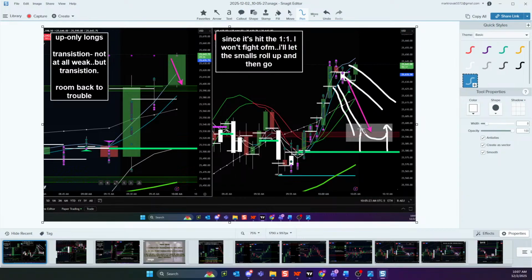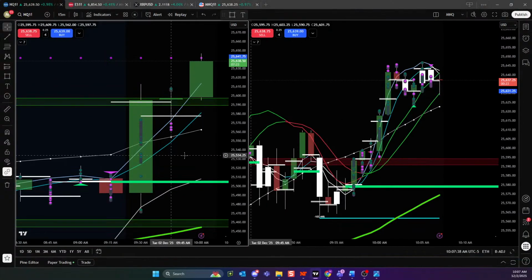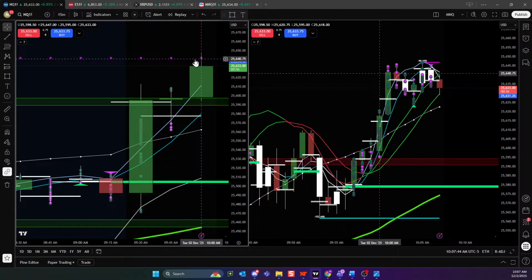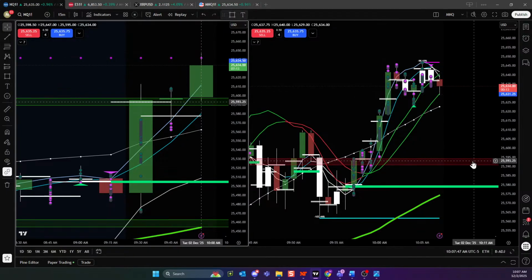With the separation, I'm not going to just get in hoping that it stops. I'm going to force it to roll in the direction of my trade because, Jen, these are 15-minute bars. I mean, look at this one from the VWAP all the way to the zone, right? And then it pulls back, and then it breaks the zone, and then it pulls back, and who knows what's going to happen. So I try to lean on, are my rules met? But just like Jen said, because it's reached 1-to-1s, I may have my guard up a little bit. I might force it to be a little more conservative, a little less fight. You comfortable with that, Jen?